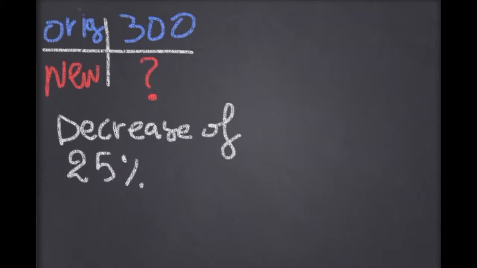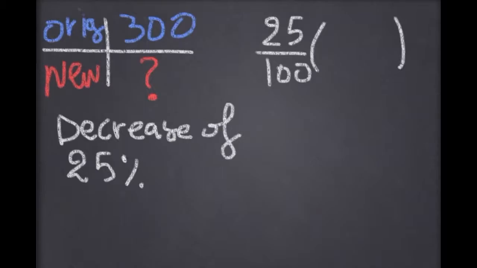To do this, you need to find 25% of the original first. That's the first step. 25 over 100 of 300. The original is 300. You calculate this first.